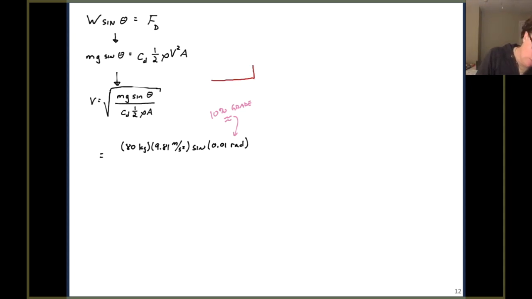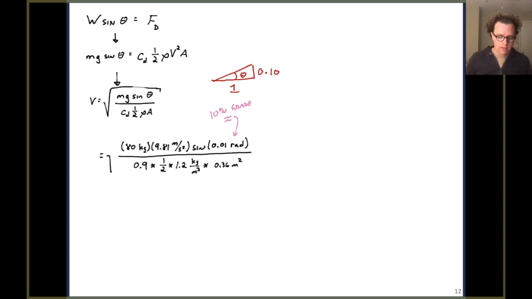Right? And what a 10% grade strictly means is for every unit of 1 that you go to the left or to the right, you go 0.10 units up. So a 10% grade is approximately 0.01 radians. That's a calculation that you can confirm on your own.